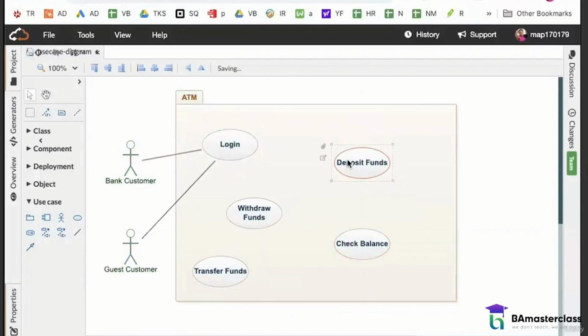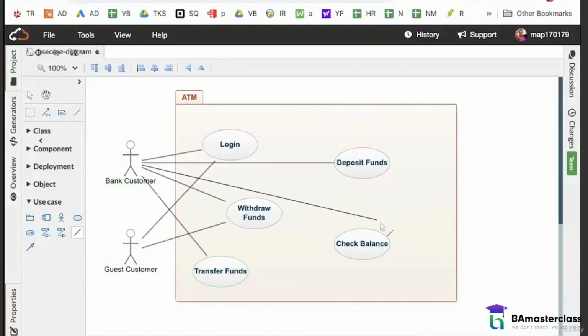Who can deposit funds? Only the bank customer. Who can withdraw funds? Who can transfer funds? Only the bank customer. Who can check balance? Both of them. Okay.